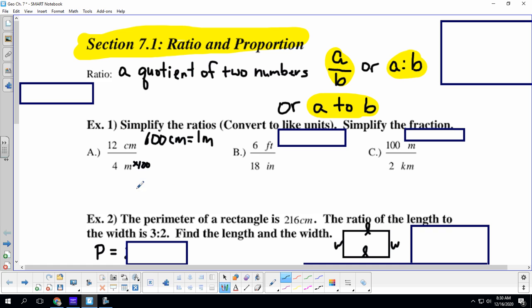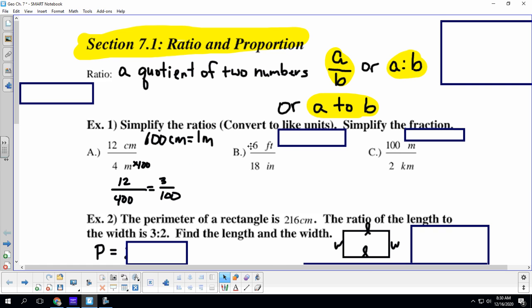So our ratio is 12 over 400. And then you simplify this down. I know 4 goes into each of these. When I divide 12 by 4, I get 3. When I divide 400 by 4, I get 100.